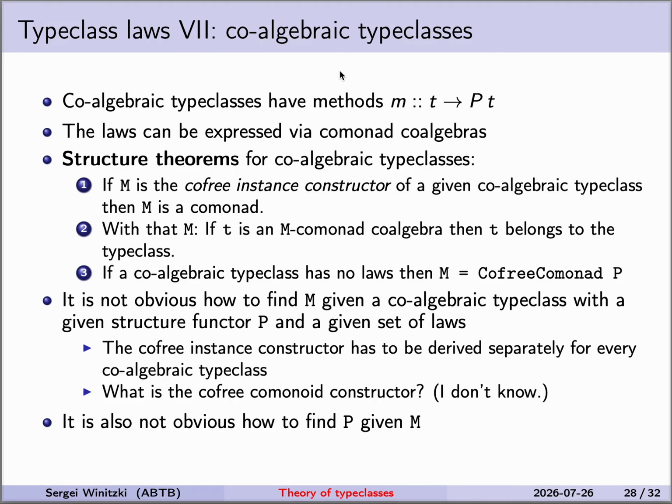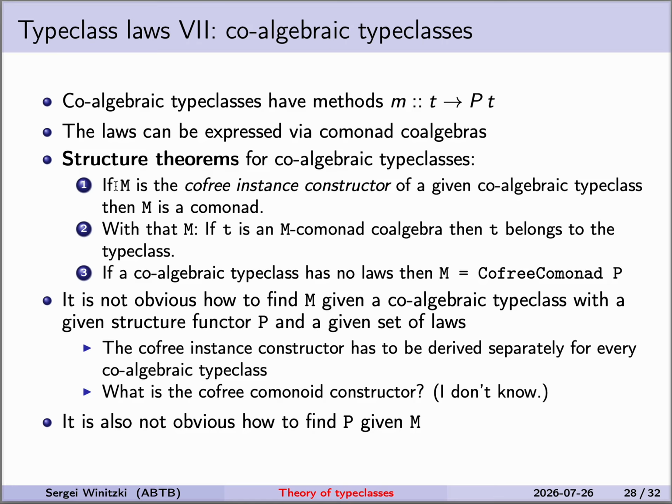So far I've been talking about algebraic typeclasses, but exactly the same thing happens with coalgebraic typeclasses that have this kind of structure map. And their laws can be expressed via comonad coalgebras, which are similar to monad algebras except for reversing the arrows in many places. And they also have these structure theorems.